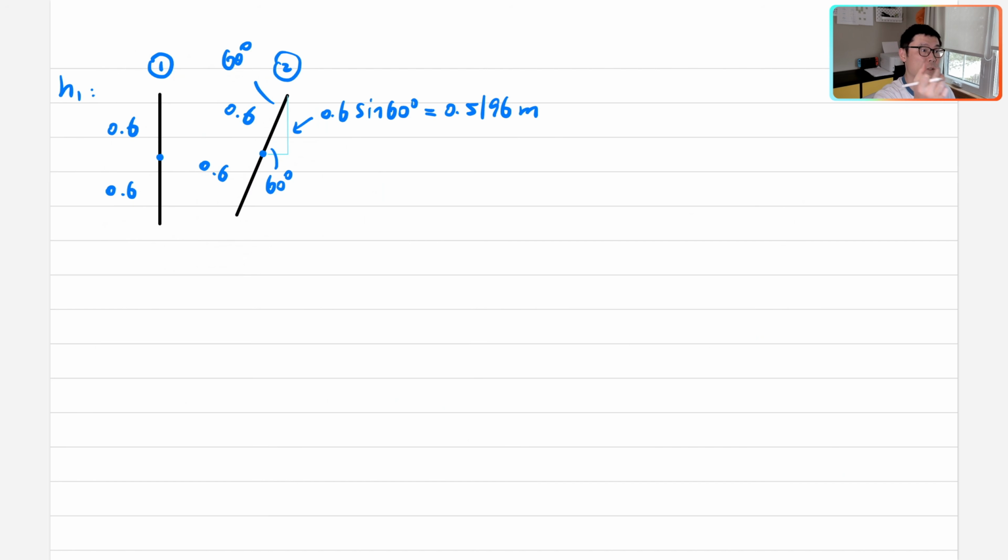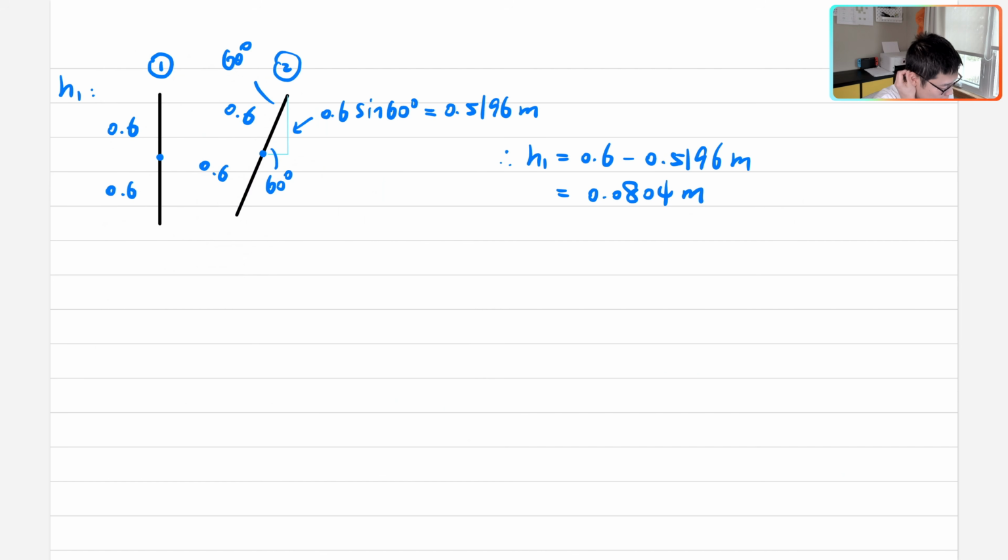Right? As I told you, it's going to be very small. So the difference here represents our H1. How far does the mass center of the slender bar move up? As we expected, very small, 0.0804 meter.